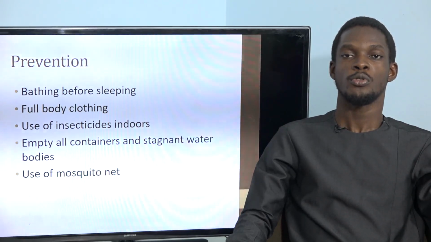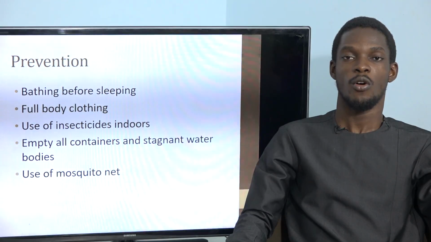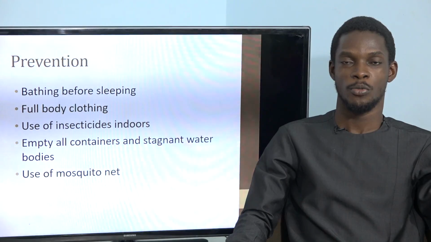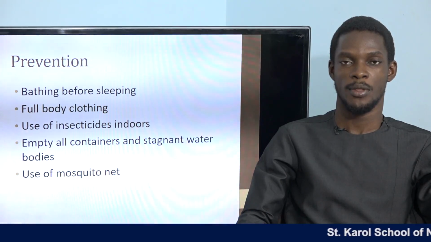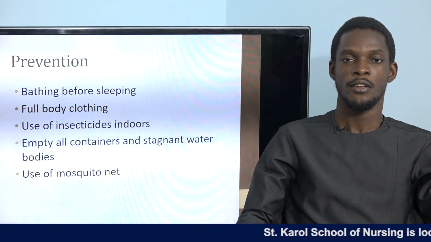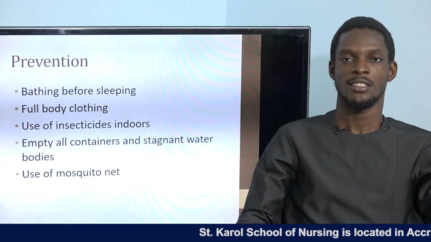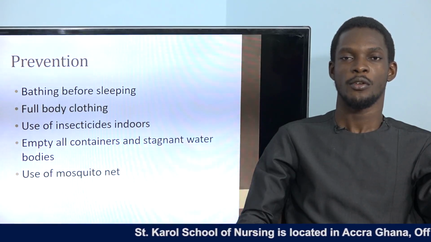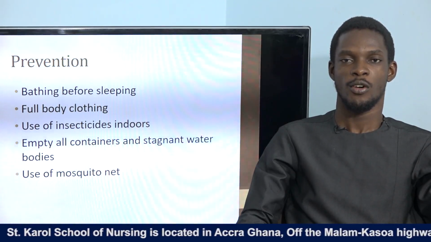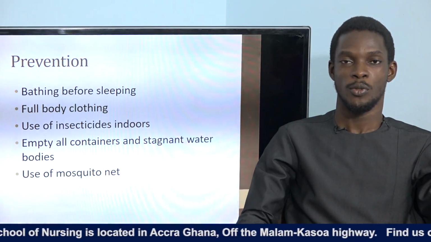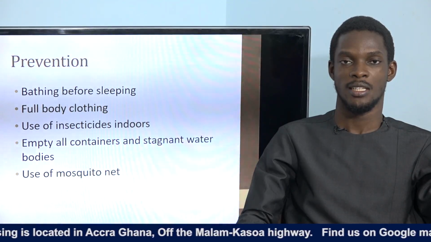You would also want to put on full body clothing that covers all parts of your body, to prevent direct contact of the mosquitoes' proboscis with your skin's epithelium. Then you want to use insecticides within your rooms and on your verandas or within the building to kill all insects, including mosquitoes, present in the building.